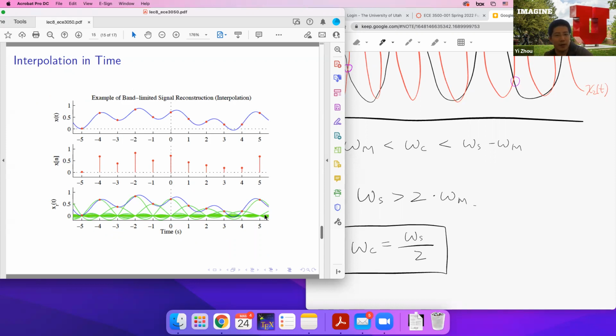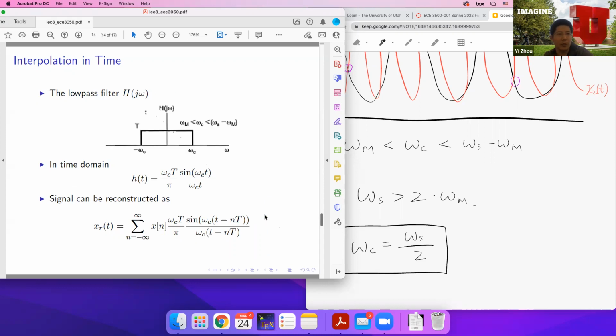Sometimes when you do low pass filtering, for example, the low pass filter may not be perfect. There are other engineering issues in practice where more samples can definitely help in reducing those errors. But mathematically speaking, in an ideal case, the Nyquist sampling rate is enough for a perfect reconstruction.